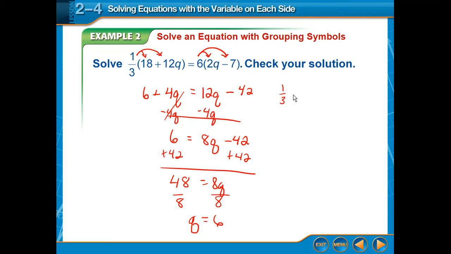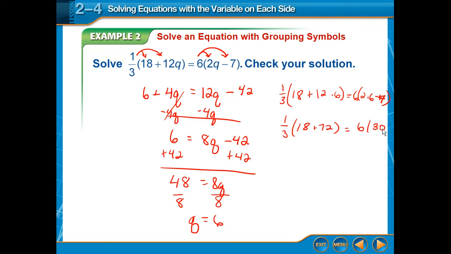And just checking, we want to make sure we get the same thing again. So 1/3 of 18 plus 12 times 6 equals 6 times 2 times 6 minus 7. So 12 times 6, starting there, is 72. So we get 1/3 of 18 plus 72. 2 times 6 is 12 minus 7 is 5.